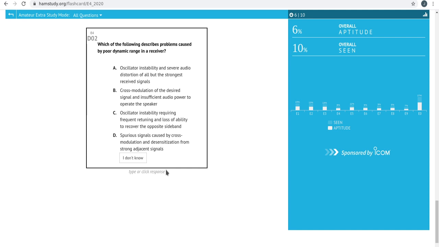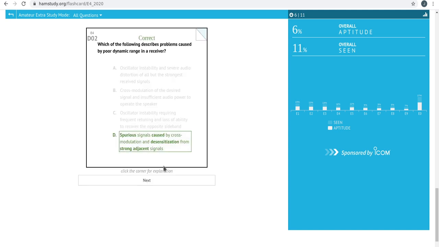D, spurious signals caused by cross modulation and desensitization from strong adjacent signals. I am going to guess D. And that is correct.